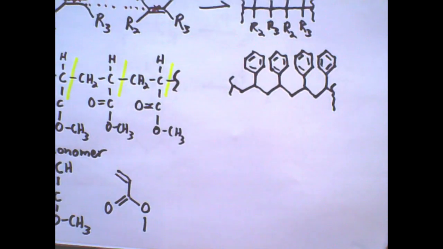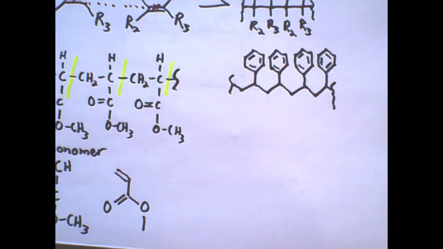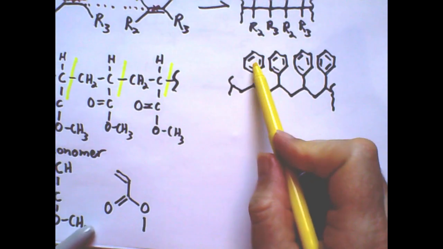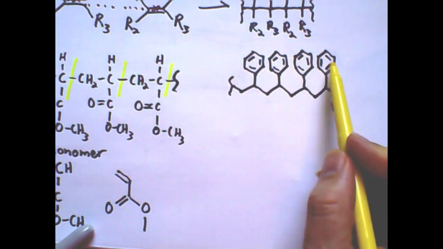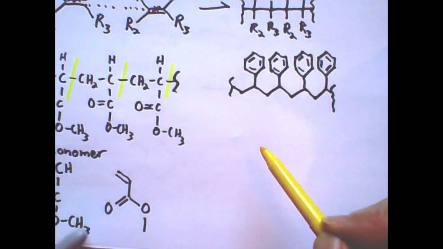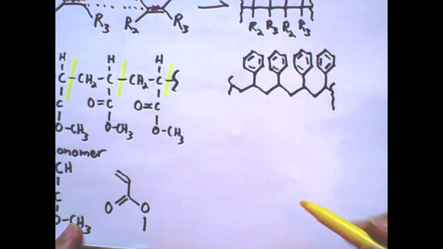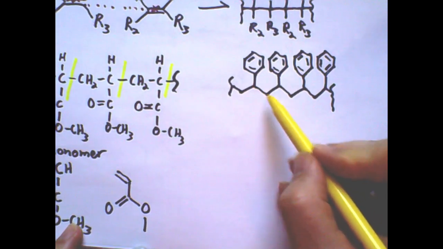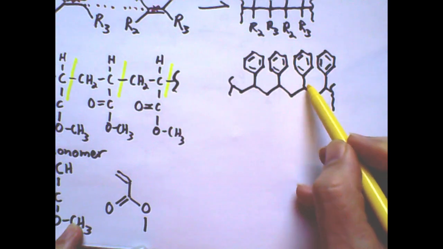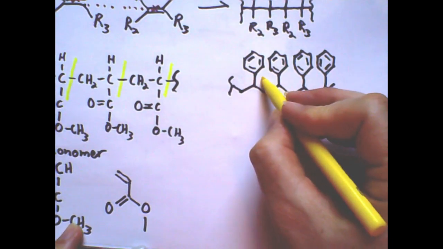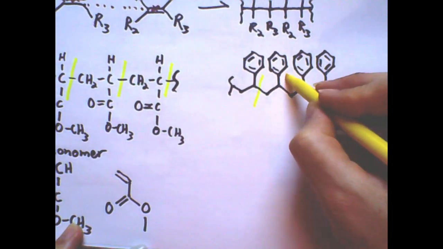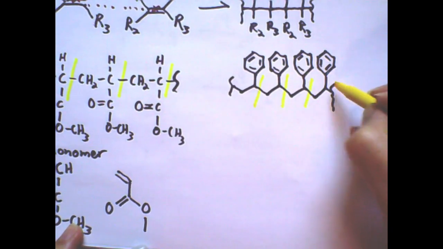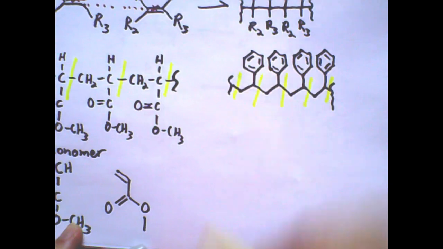Now maybe we have our polymer in a skeletal structure already. It's pretty easy to see these benzene rings repeating. So let's just go to the backbone and say, okay, benzene ring, carbon, benzene ring, carbon, benzene ring. So it looks like the repeats are in these locations.